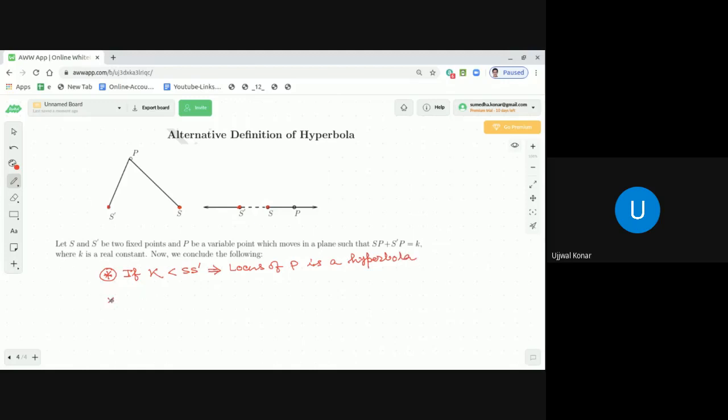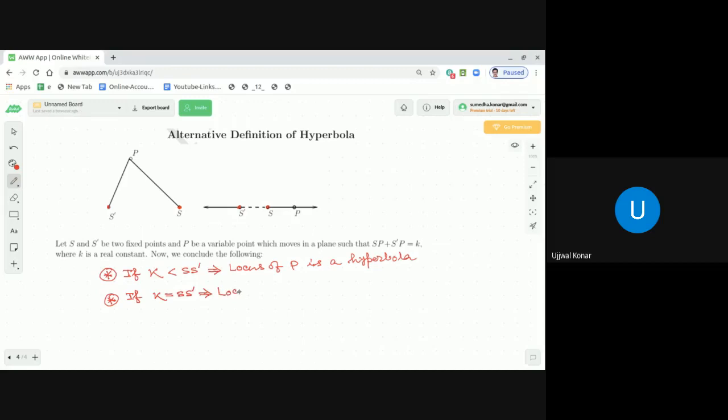And if we get K is equal to S dash, if we get K is equal to S dash, this implies the locus of P is union of two rays.